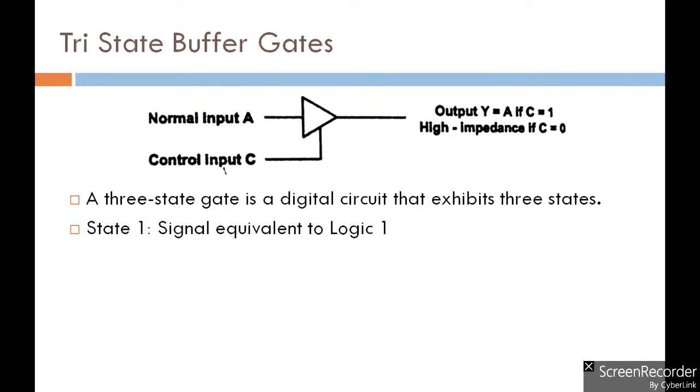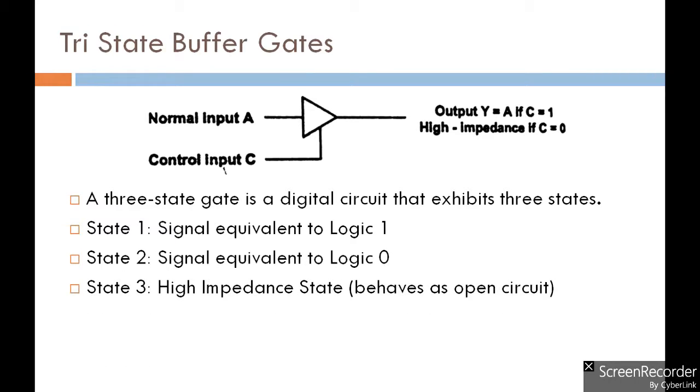The first state is a signal equivalent to logic 1, and the second state is a signal equivalent to logic 0. That means we can apply either 1 or 0, and the third state is a high impedance state that behaves as an open circuit.